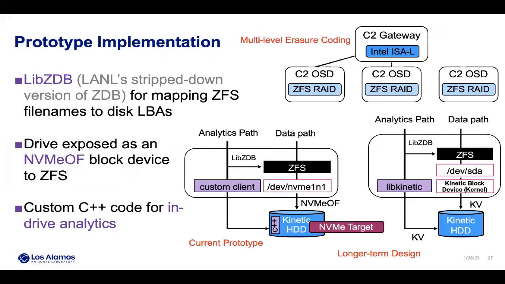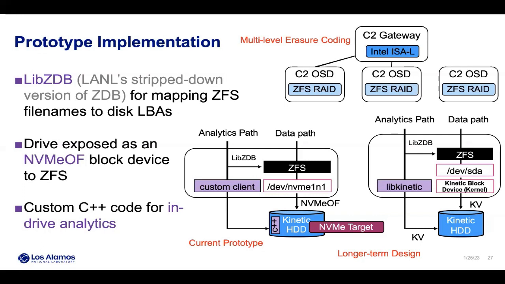So we've built a stripped down version of ZDB, which is a tool that allows you to dig under the covers of ZFS and look at file and LBA mappings. So we were able to map ZFS file names to disk LBAs to build that manifest that I described before. And then custom C++ code is running on the Envoy cards to do in-drive analytics.